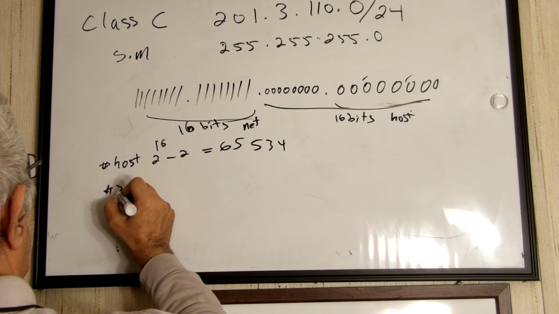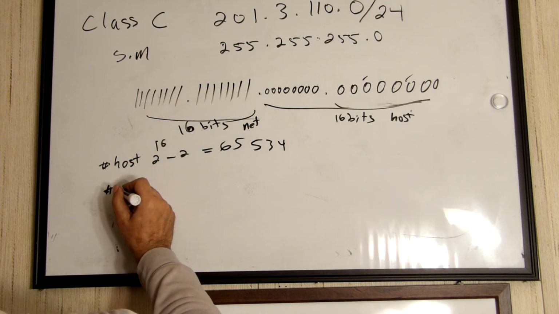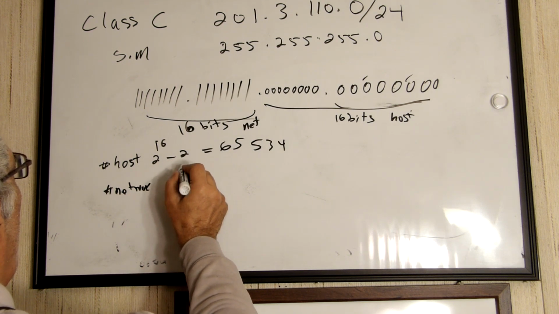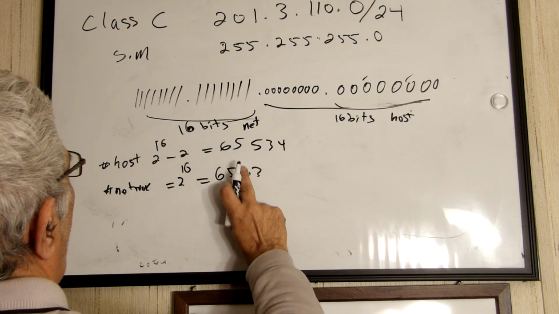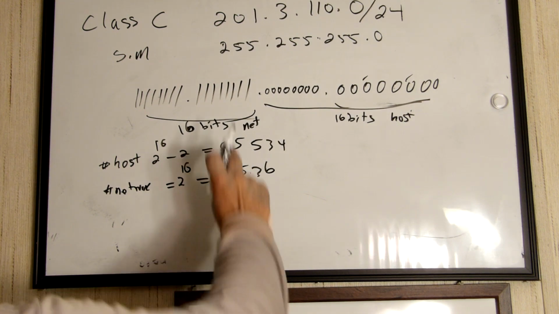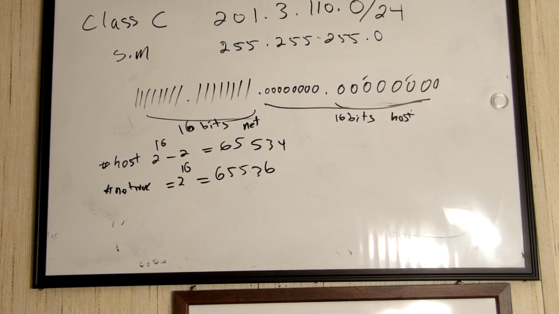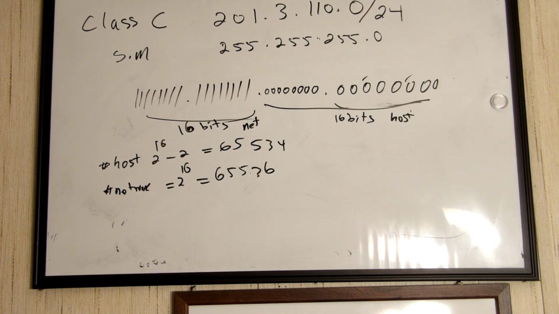And the number of subnets, the number of networks, is 2 to the power of 16, which is 65,536. You deduct 2 from hosts for the reason that we talked about.